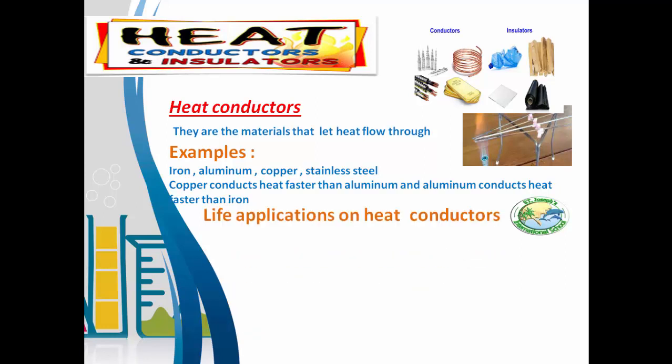Then, life application on heat conductors. Railway bars, which are made of a heat conductor substance, must have spaces left between them, because iron is a good conductor of heat, and materials expand by heating and contract by cooling.